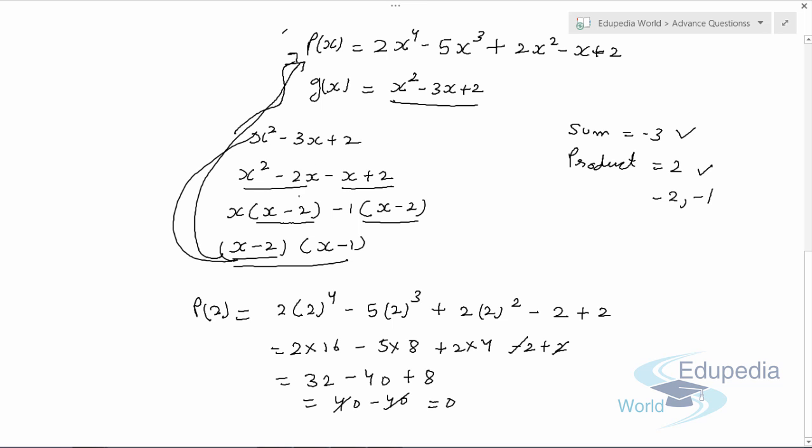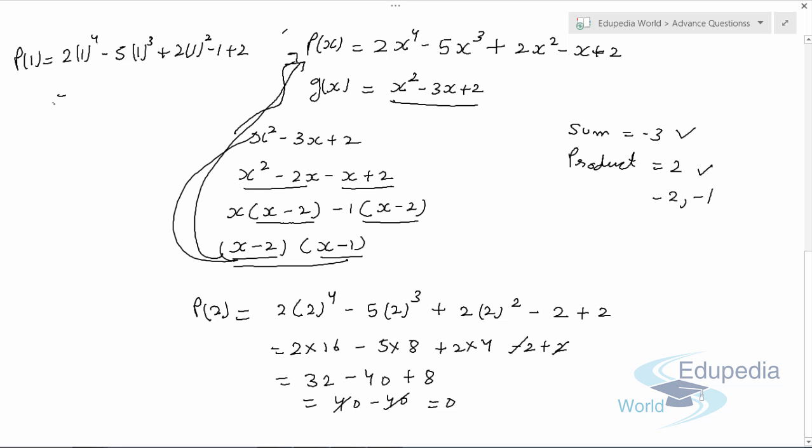Now we'll check for the other part, which is x equals 1. So we get p of 1 equals 1 raised to power 4 minus 5 into 1 cube plus 2 into 1 square minus 1 plus 2.